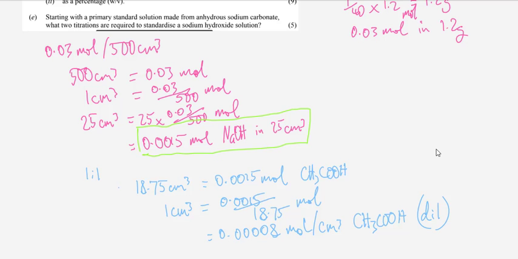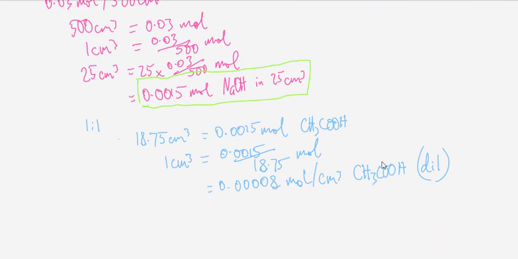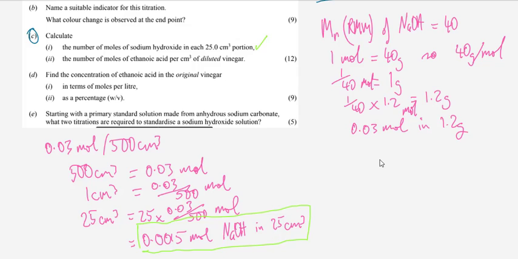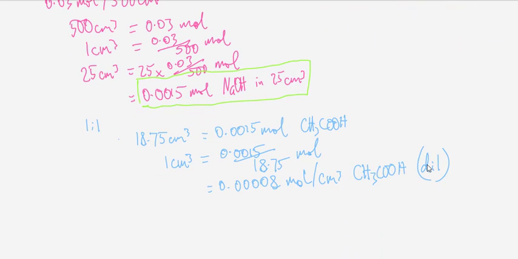That's the diluted solution of ethanoic acid. Okay, take that, and I suppose I should box it so my teacher knows where to correct, or more importantly, the examiner knows where to find my answer.